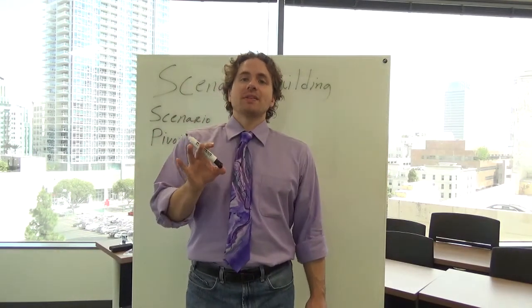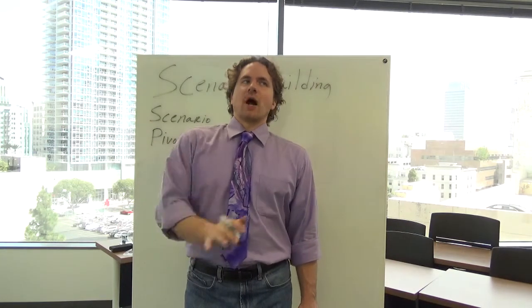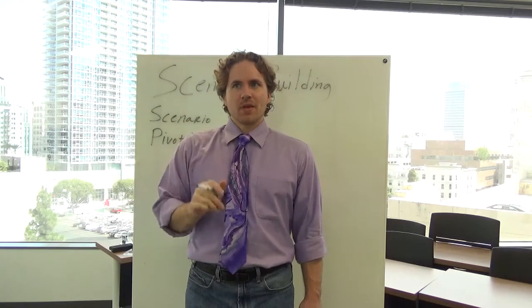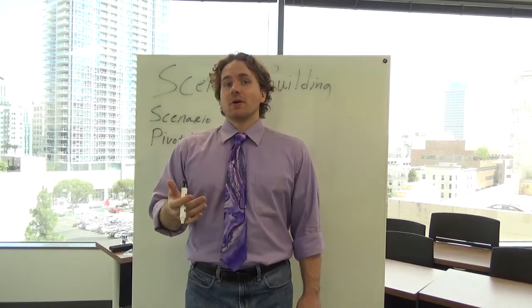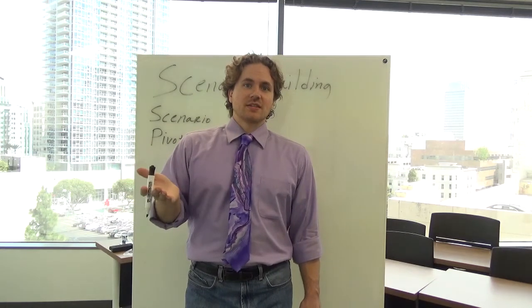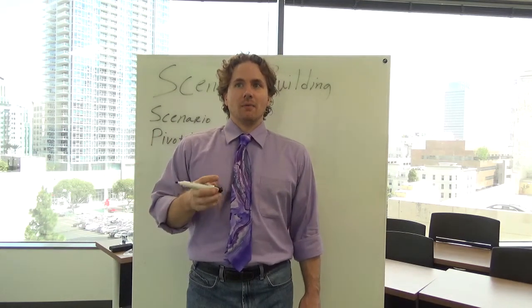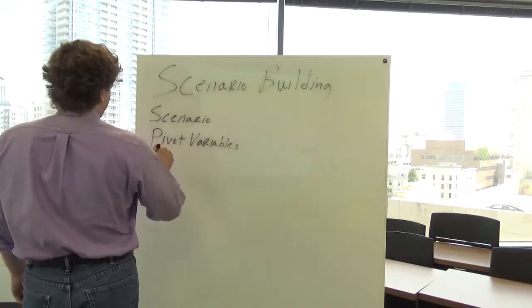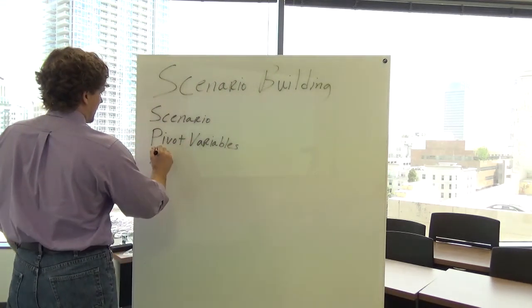But if it does happen, that's high impact and we need to be worried about it. I don't know if that'll happen, but if it does, I better pay attention. Within each scenario, for purposes of this exercise, I like to select around 2 pivot variables. And then you want to identify your key variables.